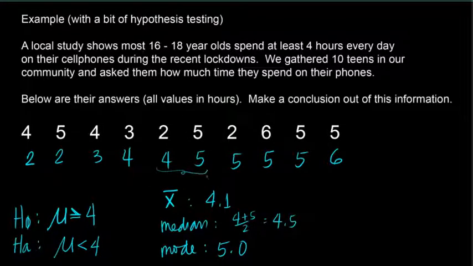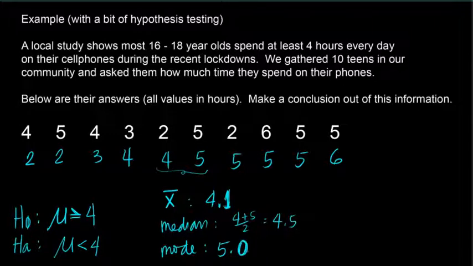As you can observe, I've also used the rule that we talked about in class. Our data set has no decimal values, so we use one decimal digit: 4.1, 4.5, and 5.0.